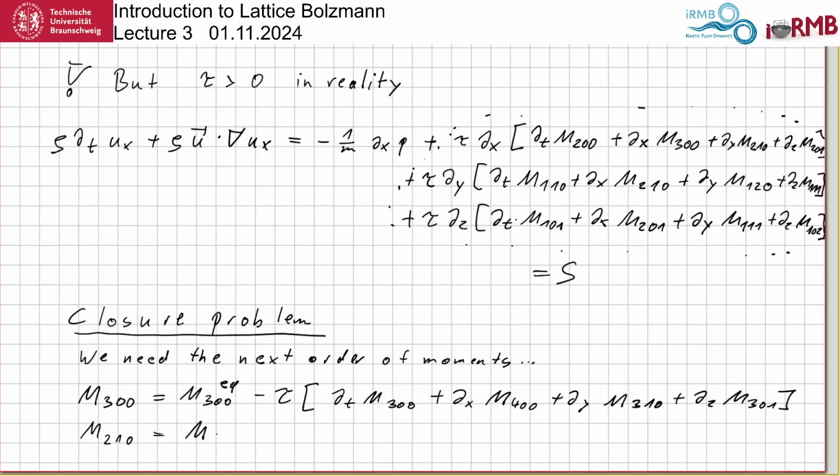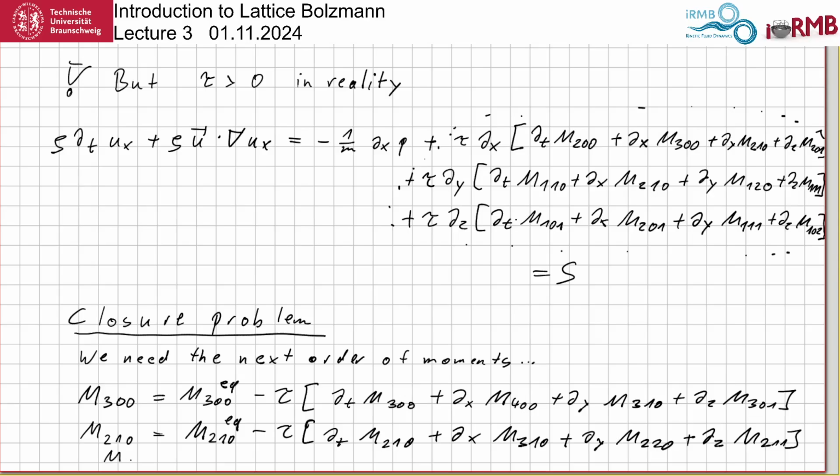M210 is M210 equilibrium minus tau dt M210 plus dx M310 plus dy M220 plus dz M211. M211 is your homework. Okay?